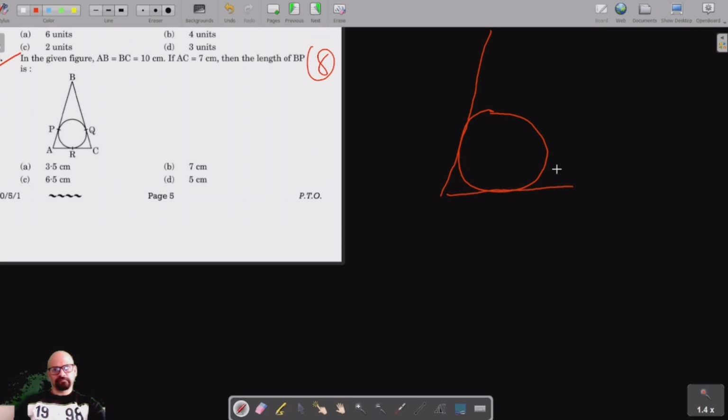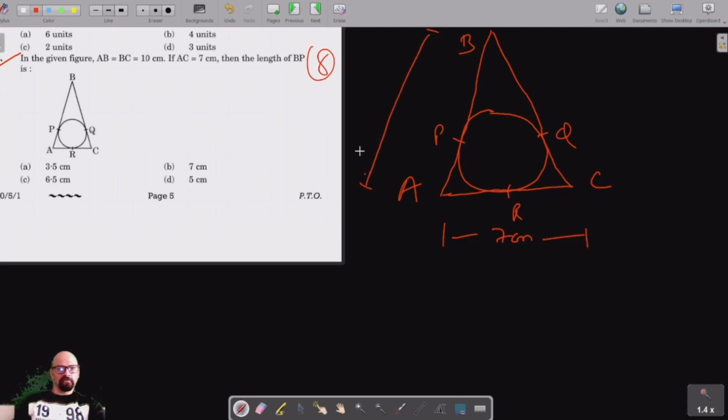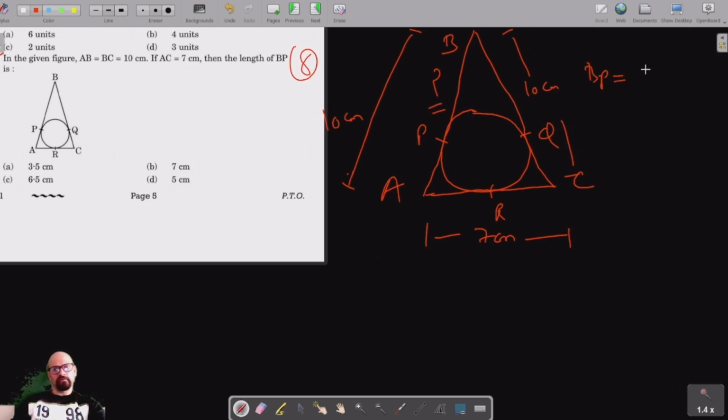So this is A, B and C, and these are the points of contact P, Q, and R. Now AC is 7 centimeter, and AB and BC both are 10 centimeters. So BP has to be calculated.